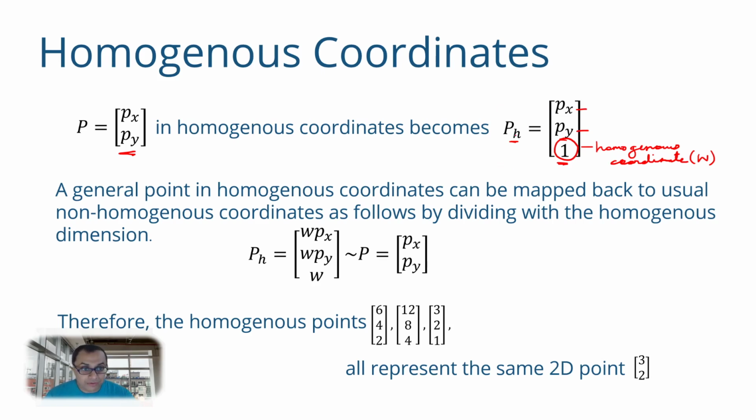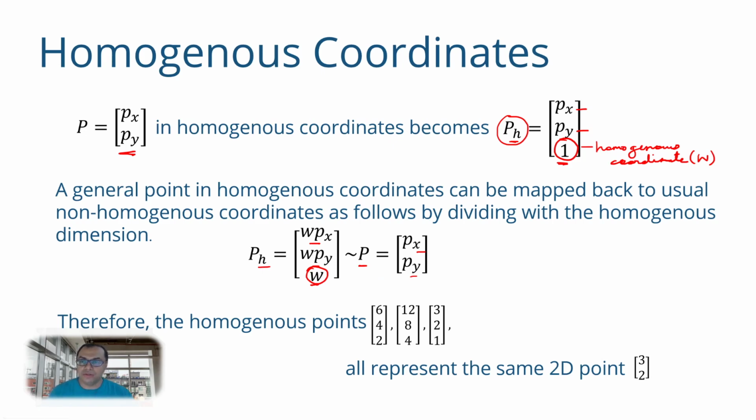How do we map back? Given a homogeneous point, how do we map back to a Euclidean point? Well, a homogeneous point in general might be given to us as some wpx, wpy, w. To get back the Euclidean points from that, we just divide wpx, wpy, w by the homogeneous or the third coordinate, which is the w, and we get back px, py, 1, and then we just drop the 1 to get back the non-homogeneous coordinates.